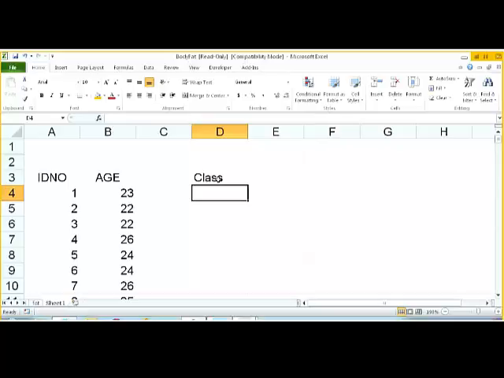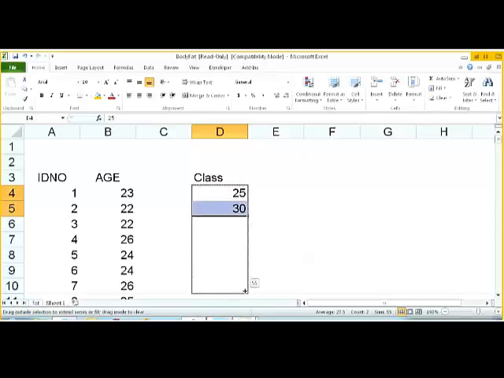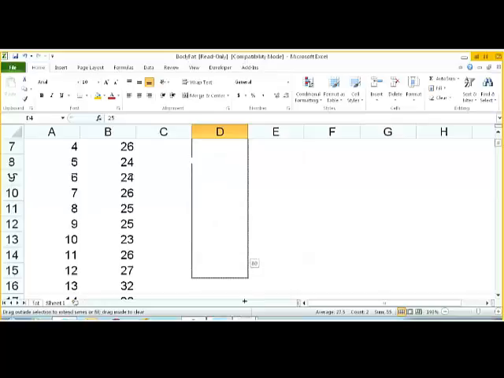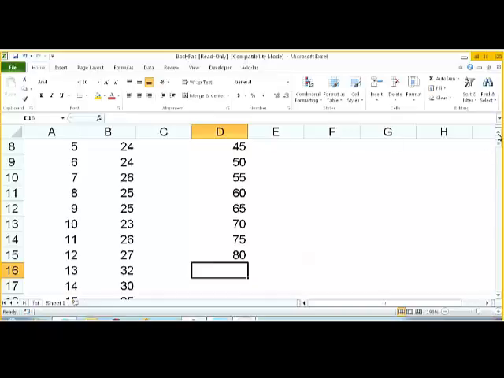So the way you do that is I just type in class, and the way it works is it takes the number, let's say 25, and I'm going to go by increments of 5. So the next number is 30, and in spreadsheets, if you do 2 numbers sequentially, and then you highlight the 2 cells and grab the bottom and drag this down, it will automatically figure out that you're wanting to go by increments of 5.